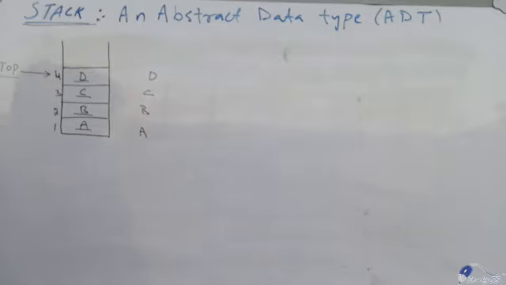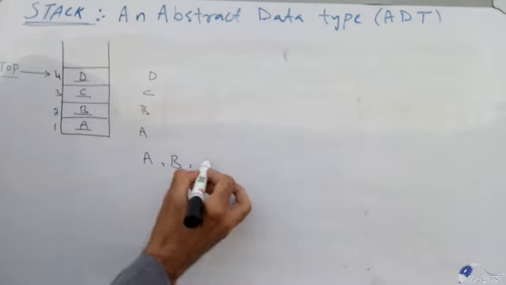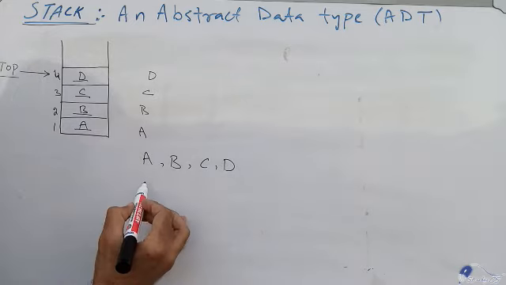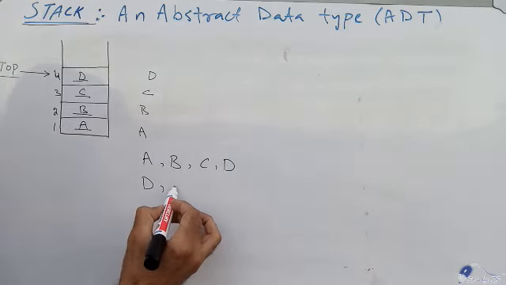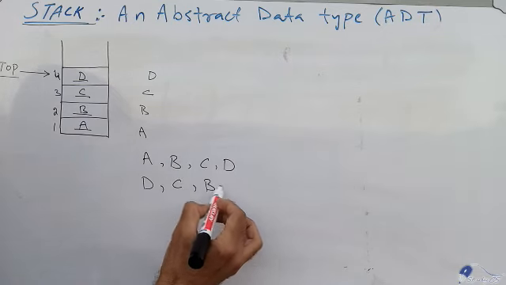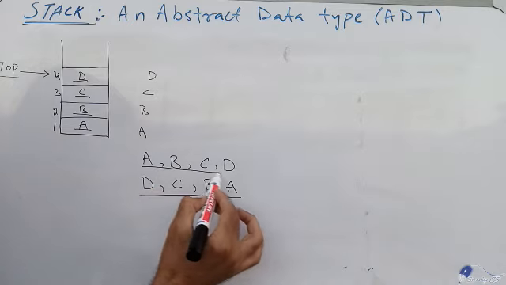The order of insertion was A, B, C and D, but the order of deletion is D, C, B, A, which is totally reversed to the order of insertion.